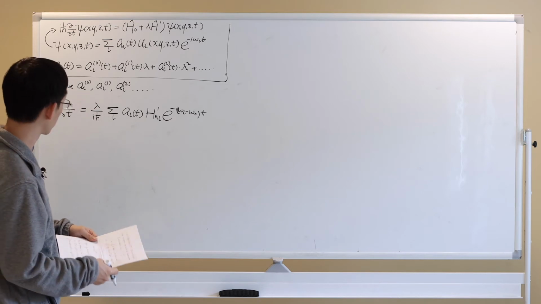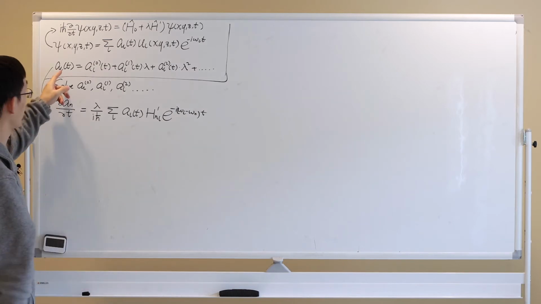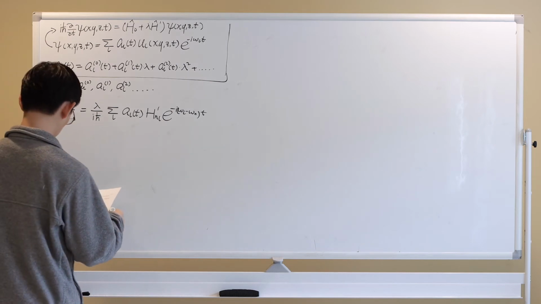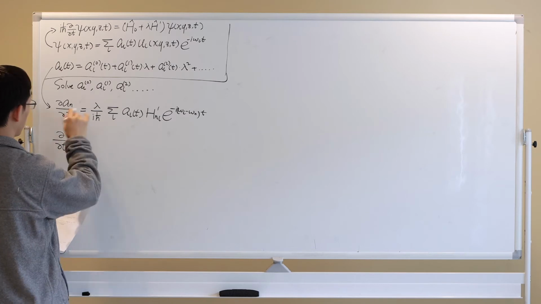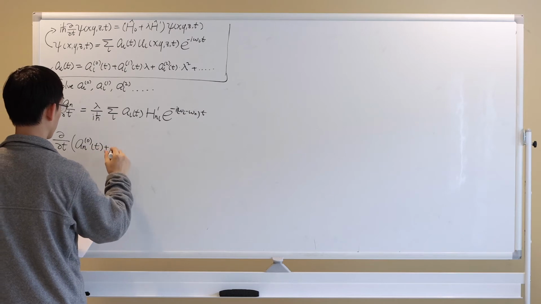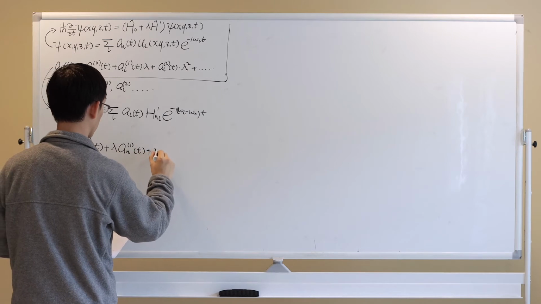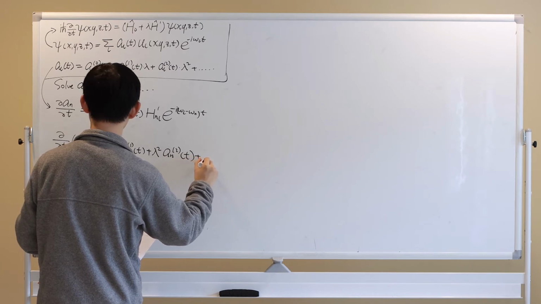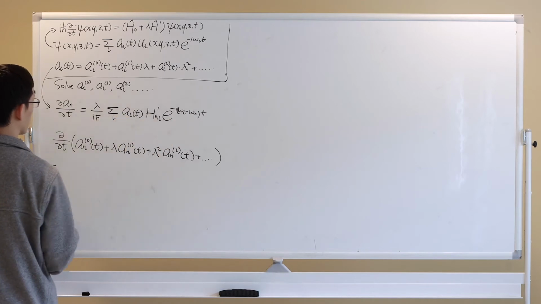Just like in any perturbation theory, what you can do now is plug in the expansion of a. Plugging into here, you will get ∂/∂t of a_n at different orders: a_n^(0)(t) plus λ a_n^(1)(t) plus λ² a_n^(2)(t), and keep going. And then this equals the right-hand side, which is this.